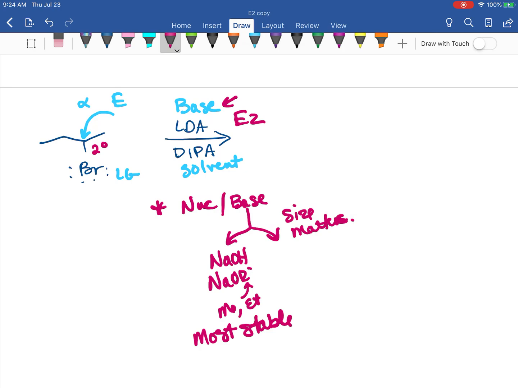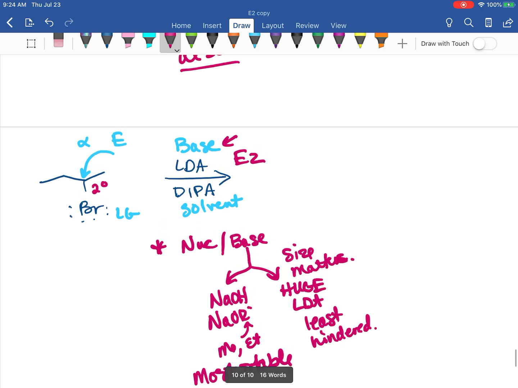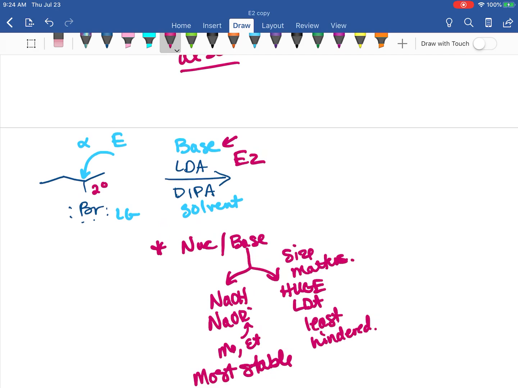But now our large bases, in fact, we're going to keep it to one. We are going to use the most common, LDA. We are going to get the least hindered product. So we just added to your list, size matters. So once you figure out you have a base, you have to figure out if you have small or large.